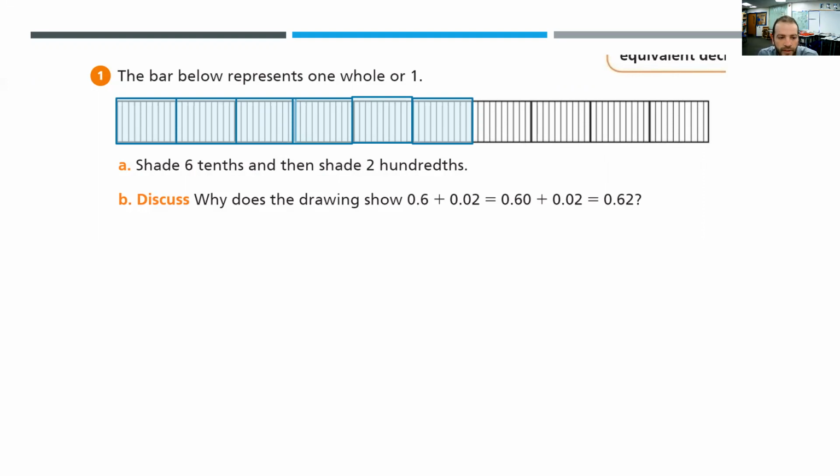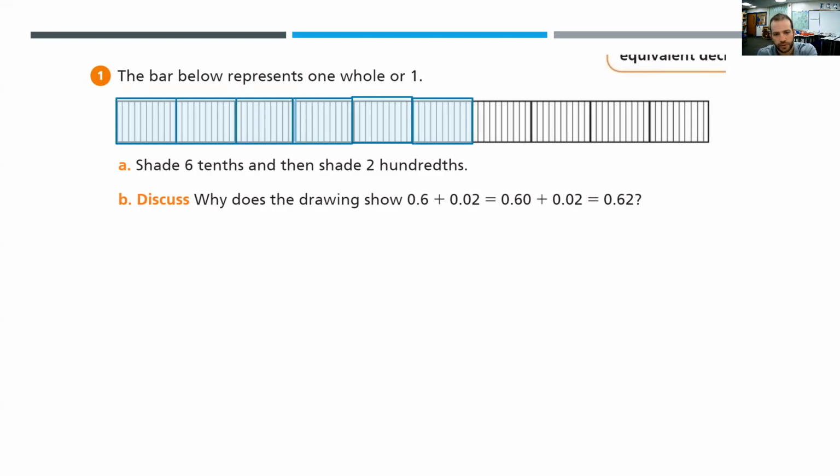Okay, so that's what the author of this book wants you to understand. The author of the book wants you to understand that 1/10 is the exact same thing as 10 hundredths.